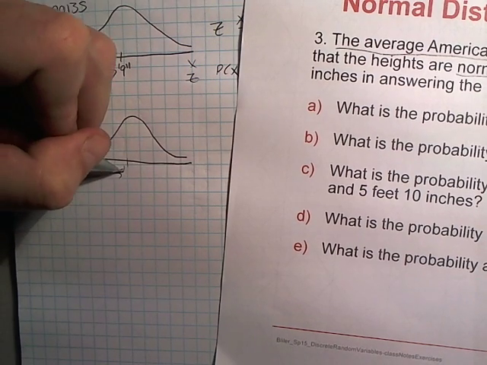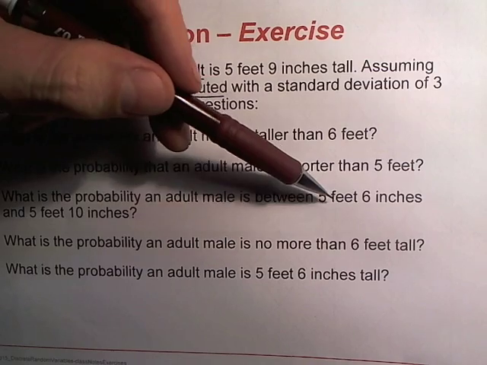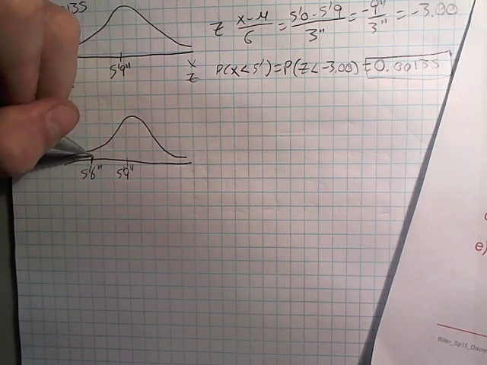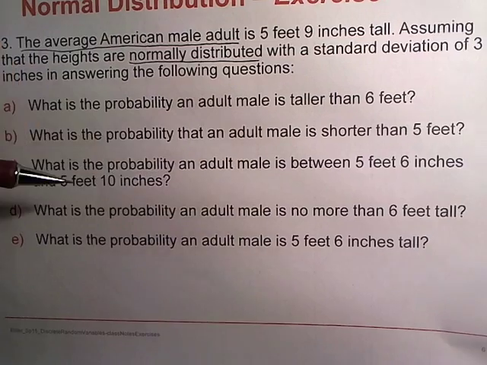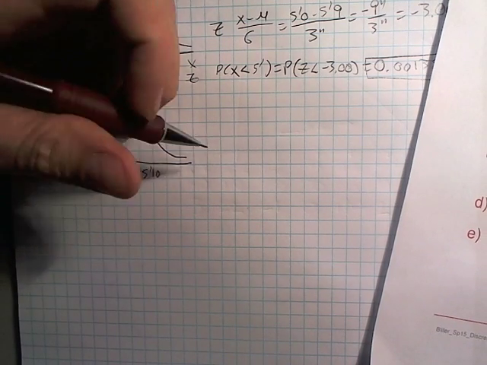5'9" is our mean. Our lower x value is 5'6", and our upper x value is 5 feet 10. So we'll label these as so.